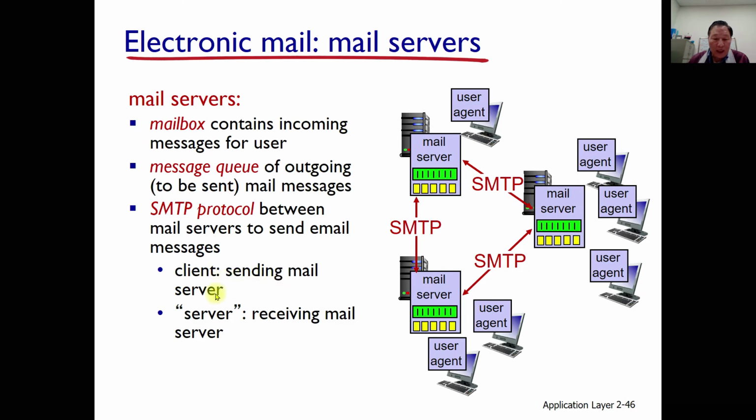A client is sending mail server, and the server is receiving mail server. Thus this mail server can work in both ways. As client, this one is send. As server, this one is receiving.